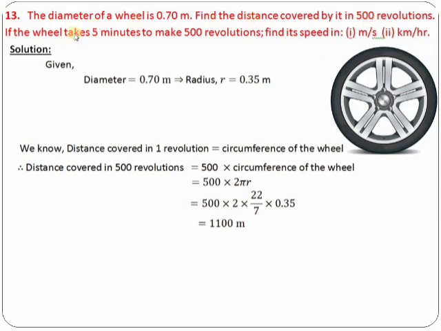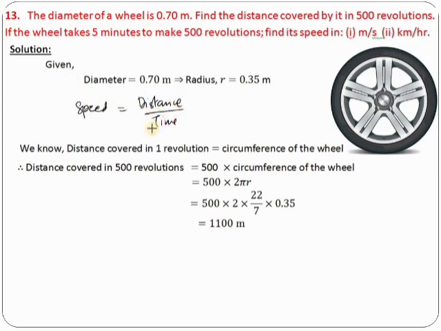Now if the wheel takes 5 minutes to make 500 revolutions, find its speed in meter per second, and another thing is you have to find speed in kilometer per hour. Now you know one formula: since they are asking you to find speed, speed is calculated using distance by time.